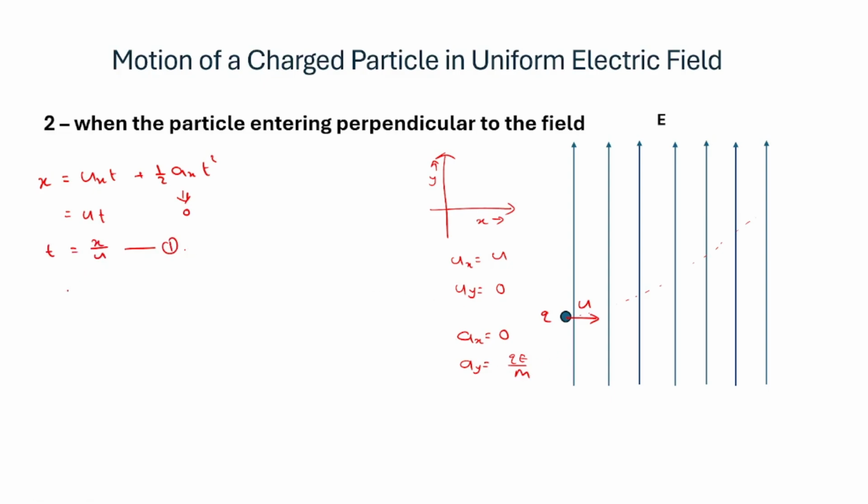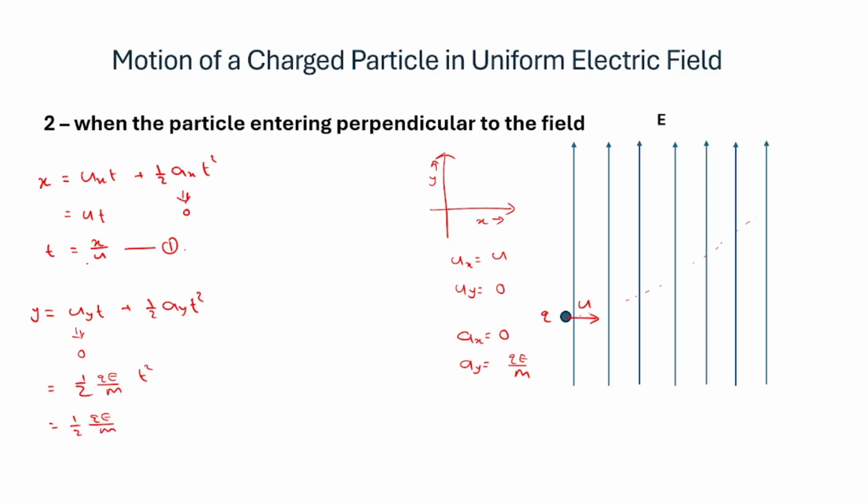And similarly the displacement in y direction can also be found, that will be equal to uyt plus half ayt square. But in y direction the initial velocity is 0, so we can say that half ay, which is qE upon m, times t square, will be equal to half qE upon m.